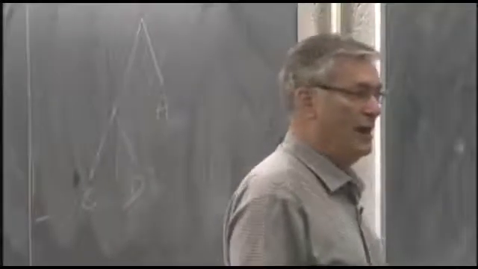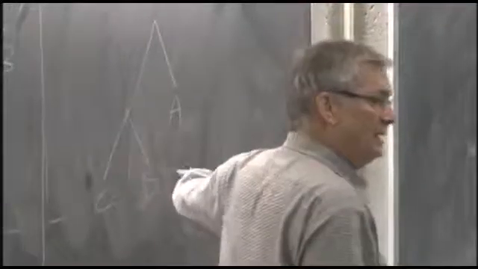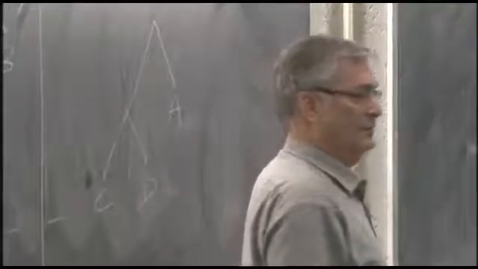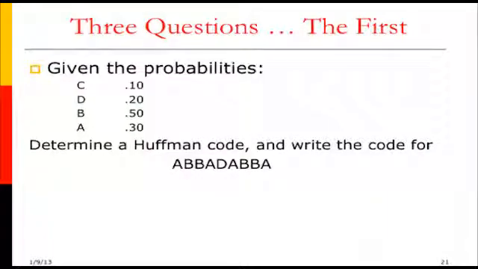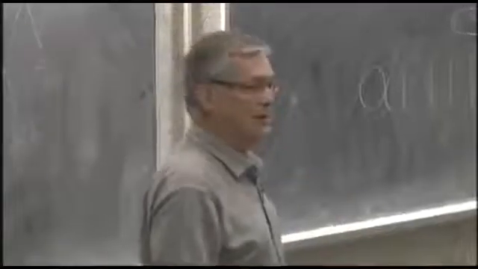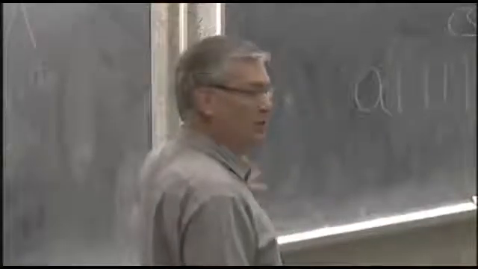It does not matter whether you put the CDs to the left or the A's to the left. Unfortunately, I should have made a slight difference in the probability, so our convention would have caught us, and you would have all written the same thing down. But the answers are both absolutely correct, but the codes will be different. So let's just assume we did this one. You do the other one, you're also right, but we'll have to follow along.